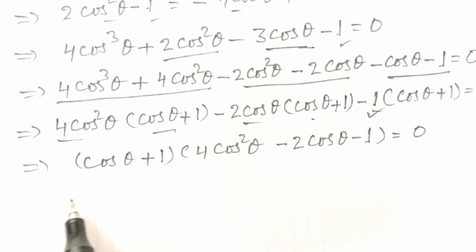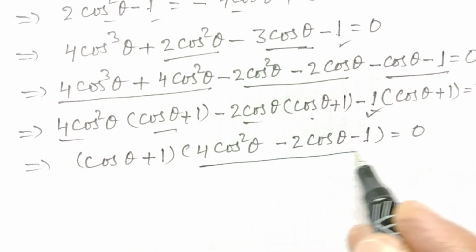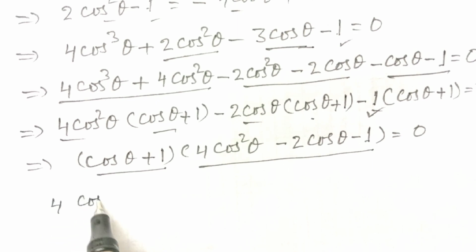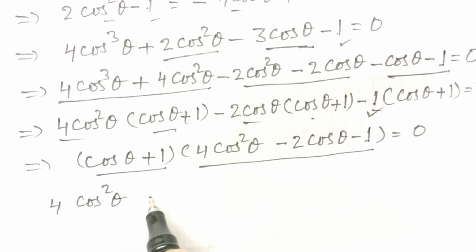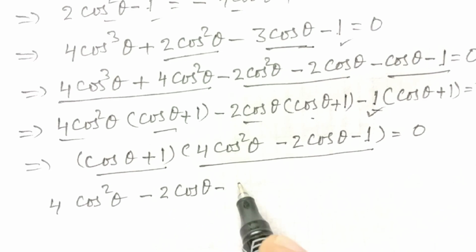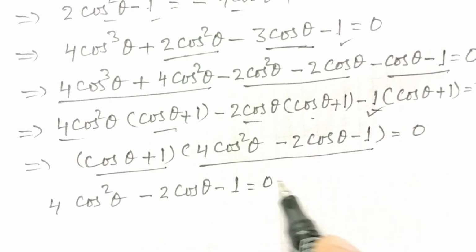Fine. Now we have two cases. This equal to 0 and this also equal to 0. Right. So 4 cos square theta minus 2 cos theta minus 1 is equal to 0.